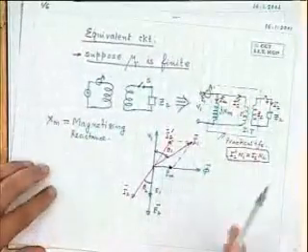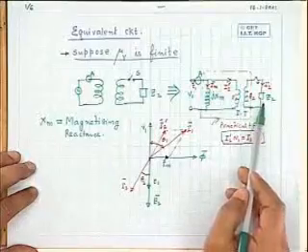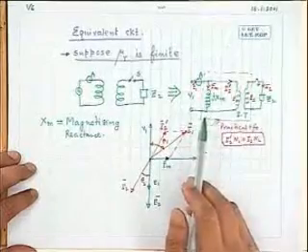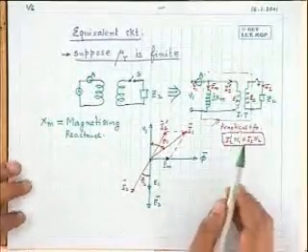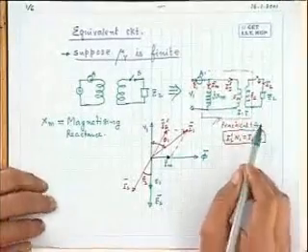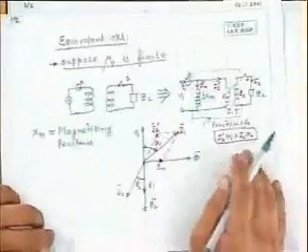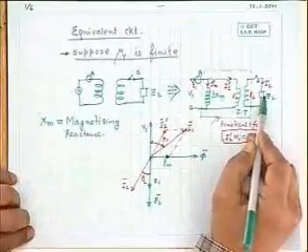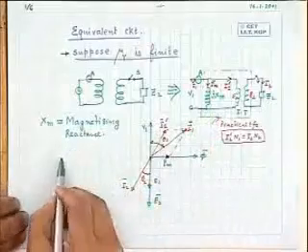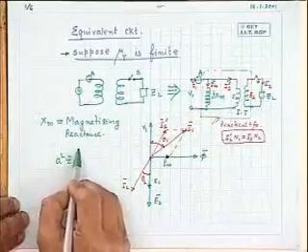Remembering that whenever any impedance is transferred from the secondary side to the primary side, it should be multiplied by A squared. In this particular case, the impedance here with respect to this one is actually Z2. Its representation on the primary side will be how much? A square Z2.